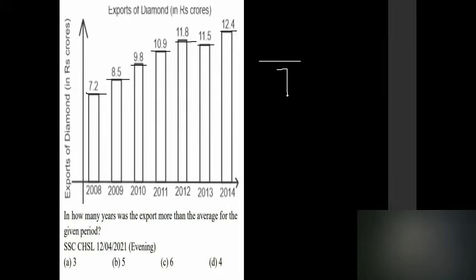Can anyone tell what the average of all those numbers is? Just add all the numbers and divide by 7. What is the average of the numbers?